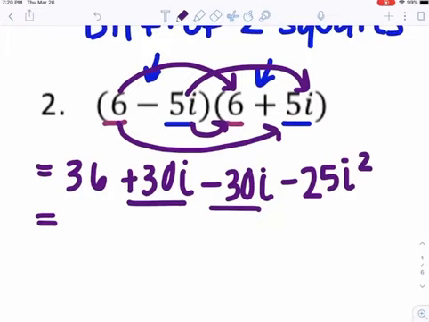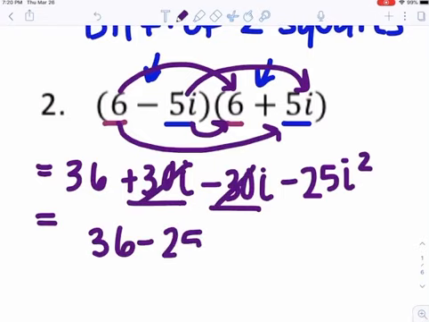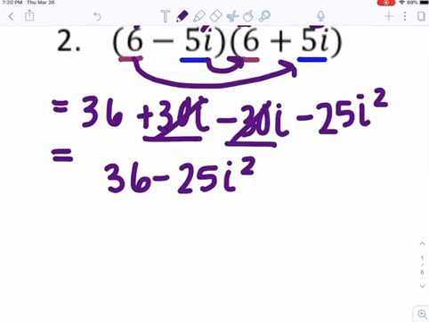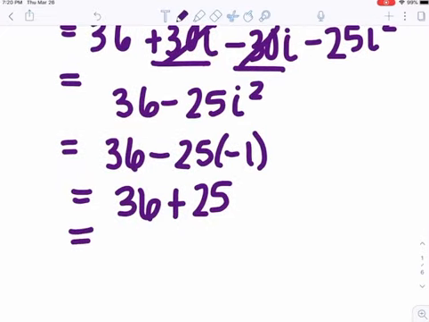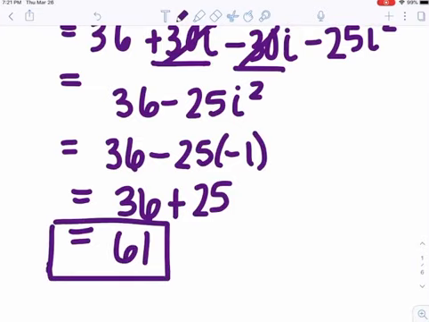Just as if this was a 30x minus 30x, it's going to cancel out. If I have 30i minus 30i, those are also going to cancel out. So I have 36 minus 25i squared. Well, again, we know that i squared is also negative 1. Okay, so that becomes 36. Now it's plus 25, right? Negative 1 times negative 25. I'm going to add those two things together, and I get 61 as my final answer.